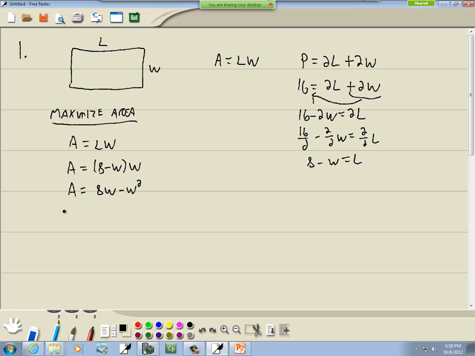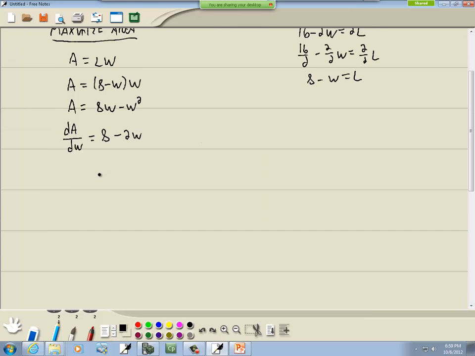So we know how to find the maximum. Find our first derivative, find our critical values, build our intervals, and find out increasing, decreasing, and so forth. So let's just do that. Take the derivative of A with respect to W. Derivative of 8W is 8 minus, that becomes 2W.